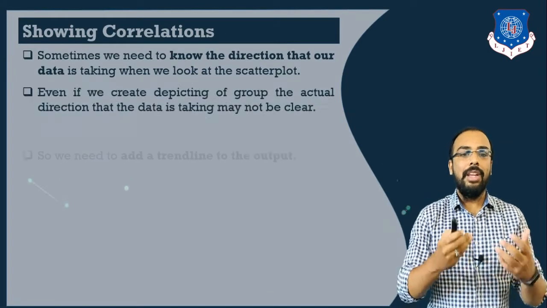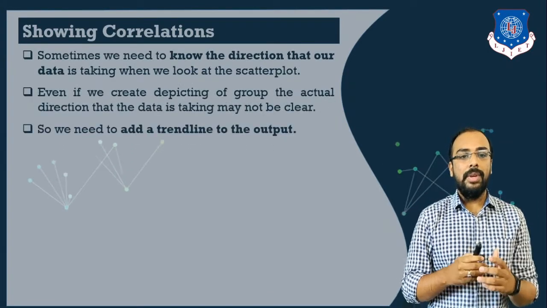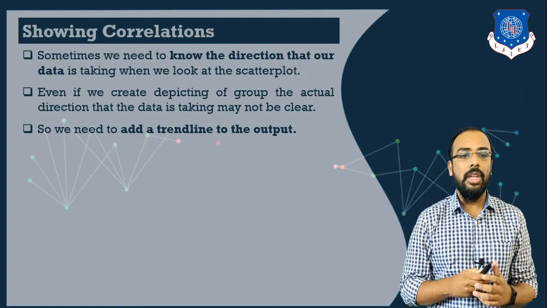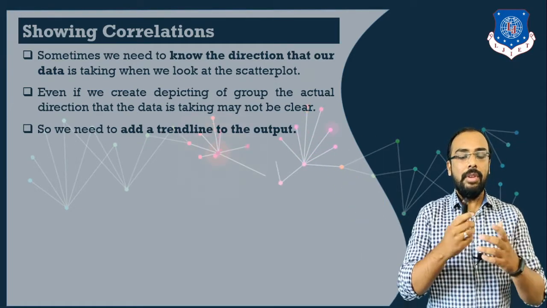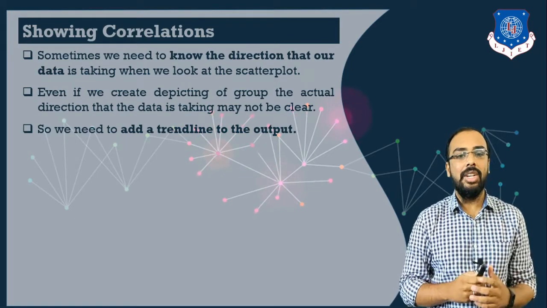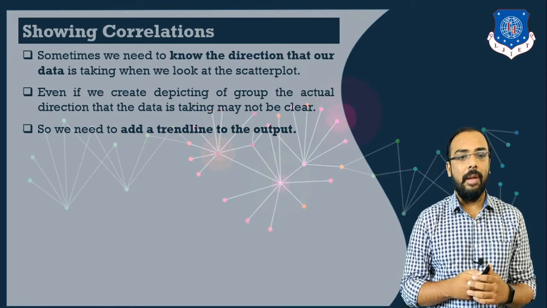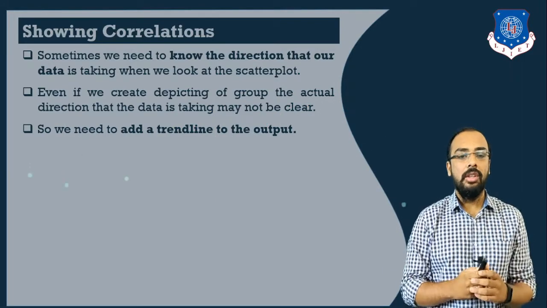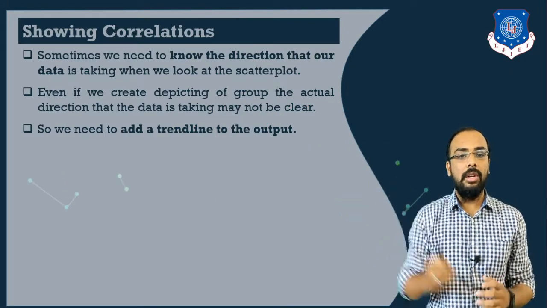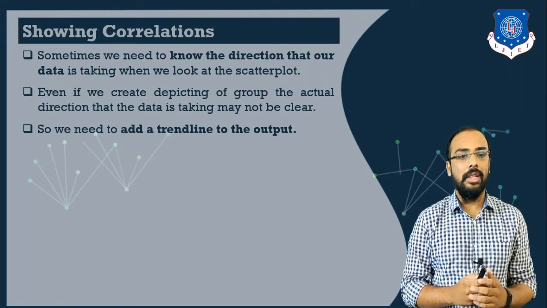Next we will cover how we can show correlations. Why do we require correlations? Sometimes if you observe your data carefully, you can see it is taking some direction. Whenever we want to look at what direction it is taking inside your data, we have to use correlations. This correlation again comes into the scatter plot concept.